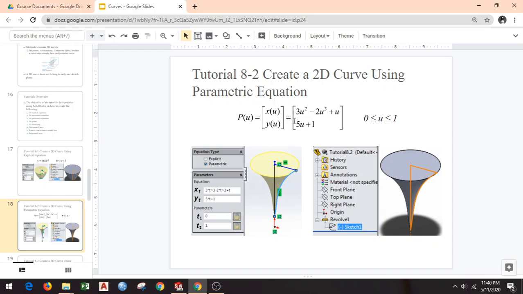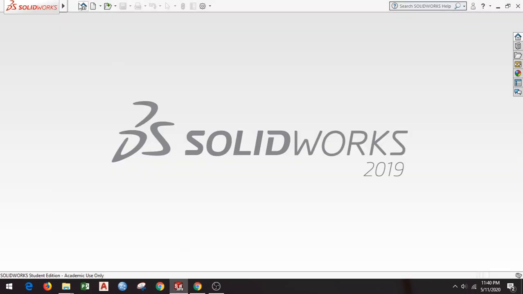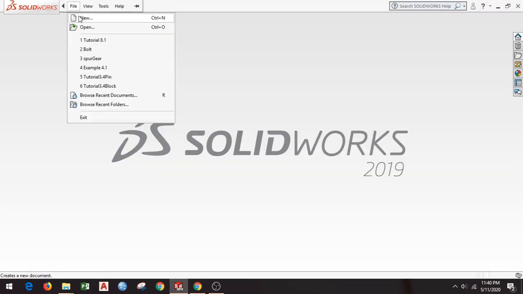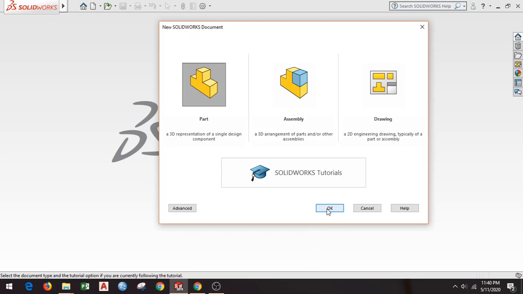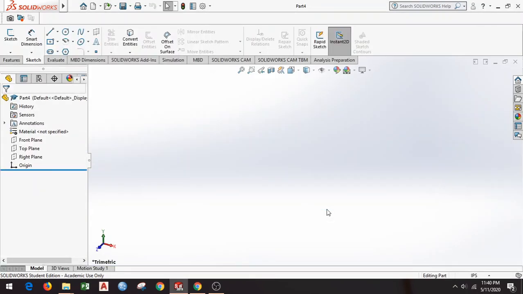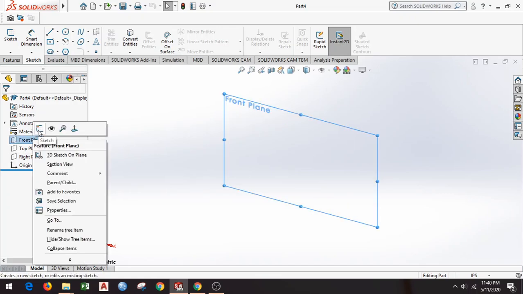So let's get to SolidWorks and try to draw this curve. So I'm going to open a part file in SolidWorks. Okay, I want to draw this 2D curve on the front plane. So I right click on the front plane and click sketch.